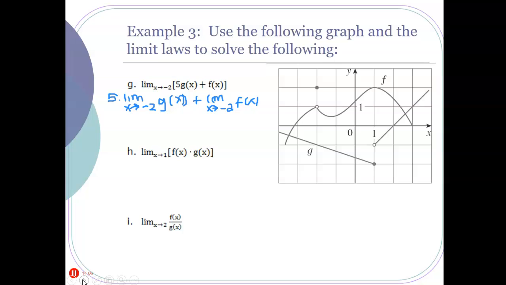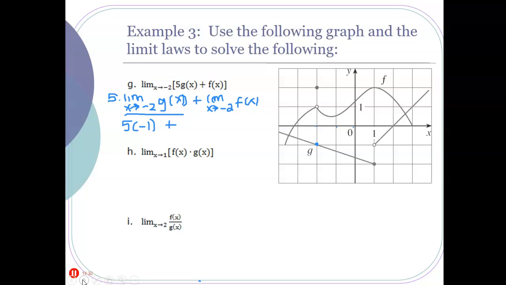So the limit as x approaches negative 2 of g of x. We go over to negative 2, go to g of x, and the limit from the left and the right is negative 1. So we replace the limit as x approaches negative 2 of g of x with negative 1.